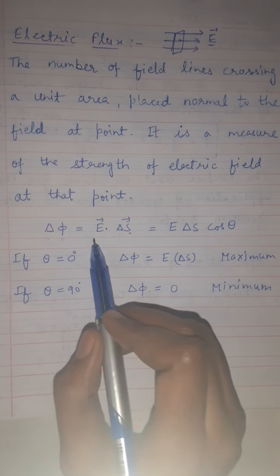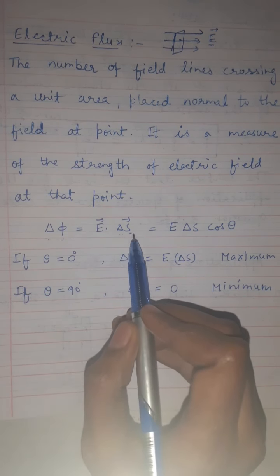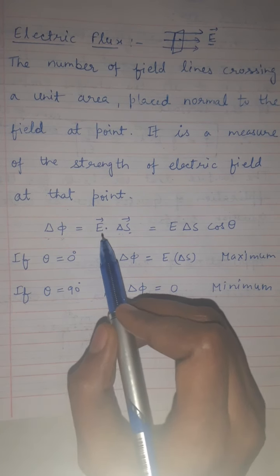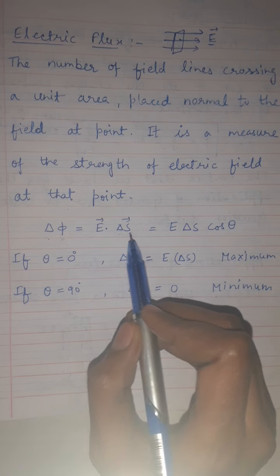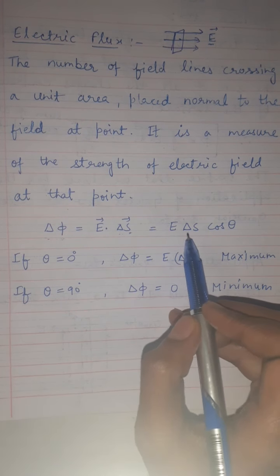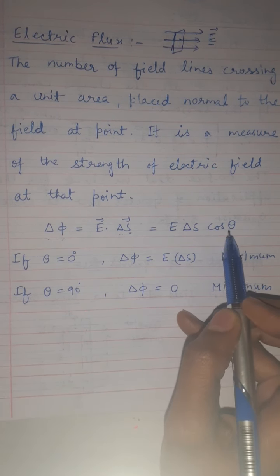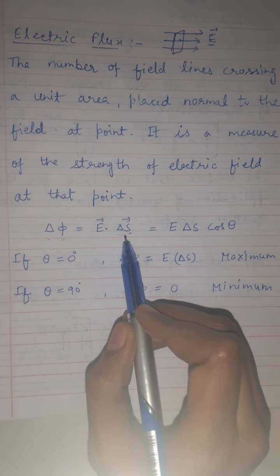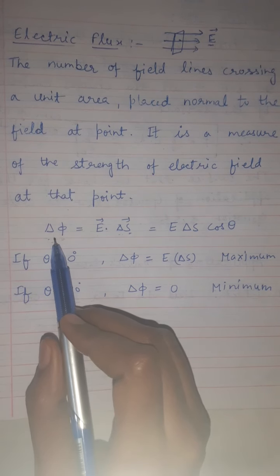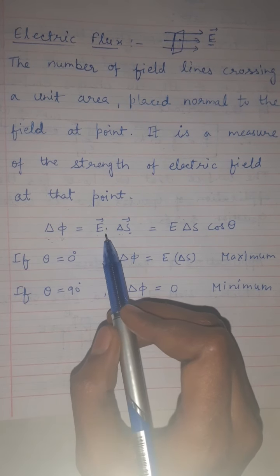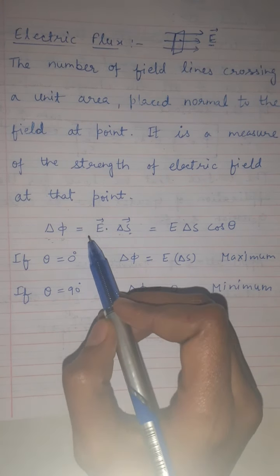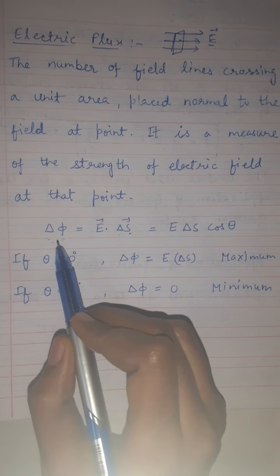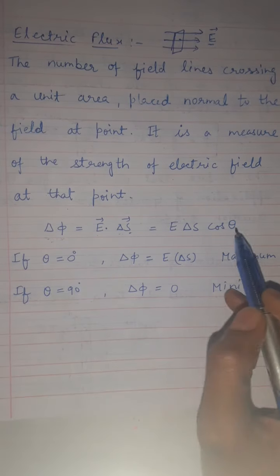Dot means it is a scalar product. It means we can write it as E delta S cos theta. Theta is the angle between the electric field and this surface area. If we want to calculate the total flux, we can just integrate this over the whole surface area.